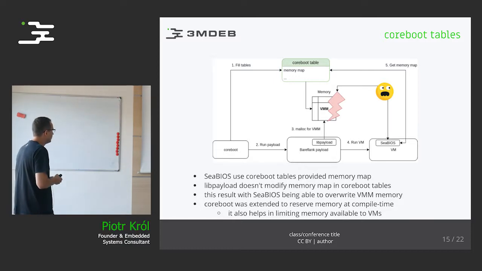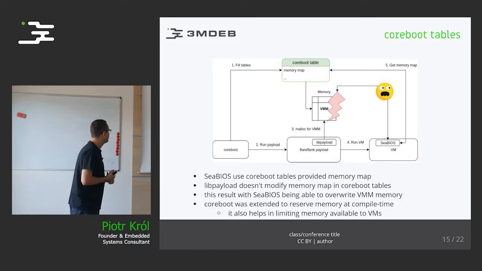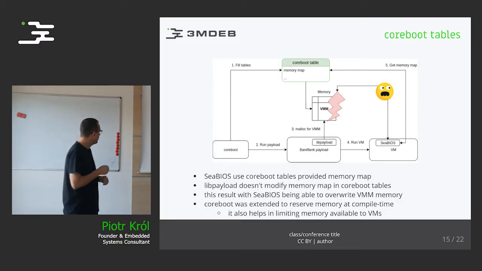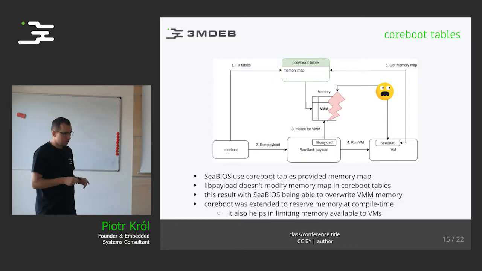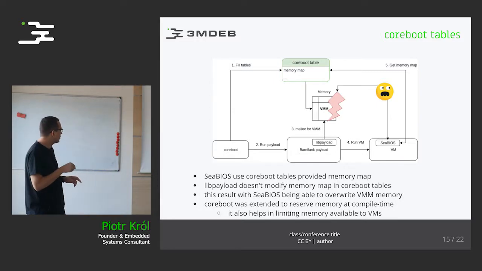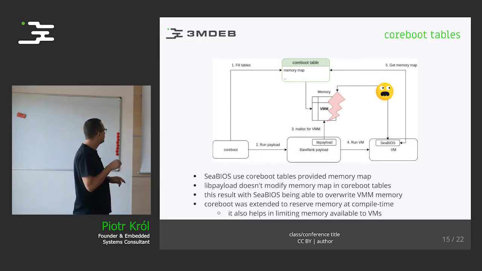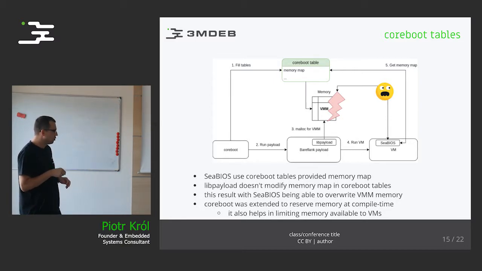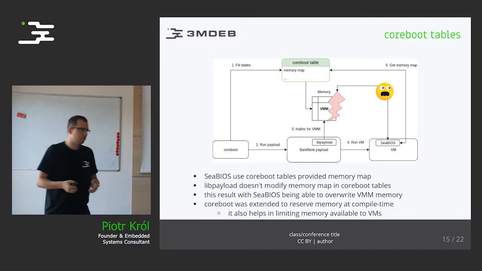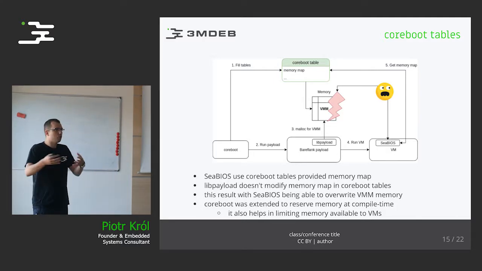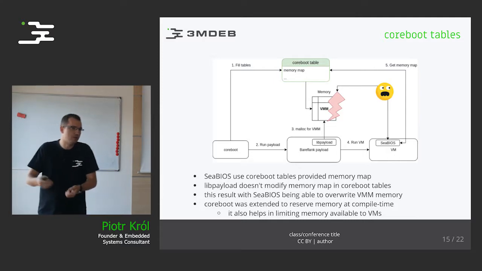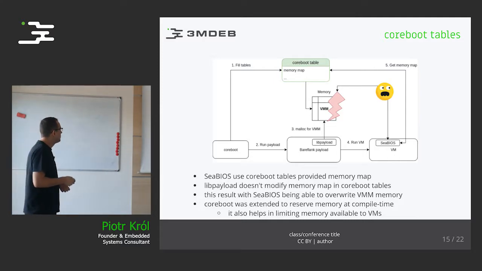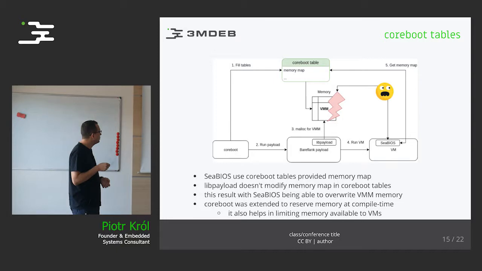Okay, so what kind of problems did we face? One problem that appeared during development: most of you should know that coreboot exposes the memory map in the so-called coreboot table. This is like a coreboot deliverable for the operating system, or for the further phases of booting, for payloads and bootloaders. The coreboot table defines how the memory map is laid out.